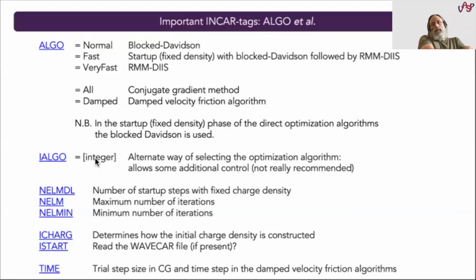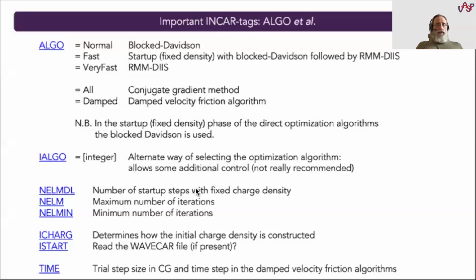You can look at our wiki to see what you can set here. We do not recommend using this. This is the old way of specifying the optimization algorithms, so it's sort of legacy. And it allows a little bit more control, but these are the ones that we firmly support and recommend. So yes, you can reach other algorithms here, but we do not really recommend using them.